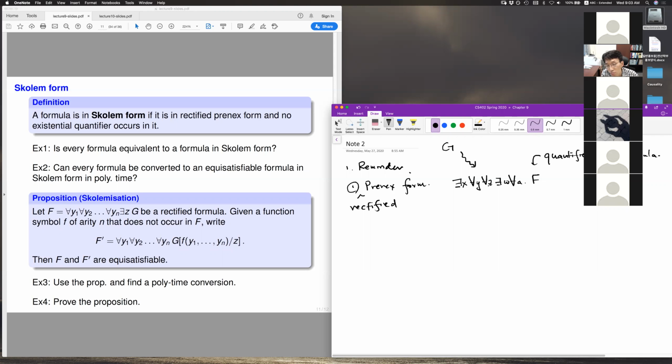If you just do what your intuition tells you, you can easily transform G into this rectified Prenex formula without much trouble.